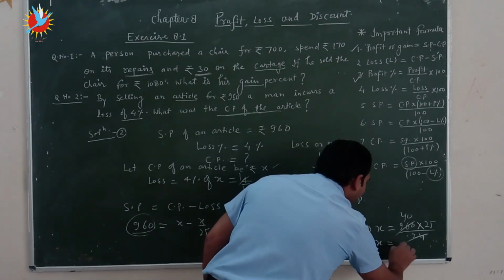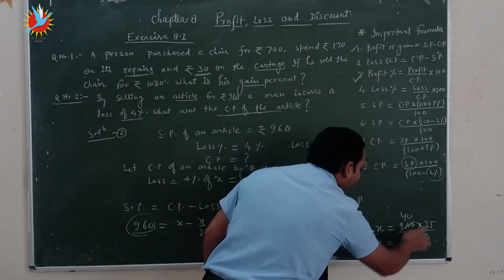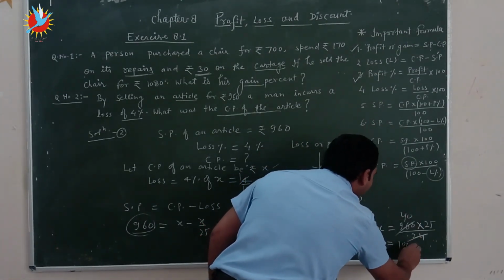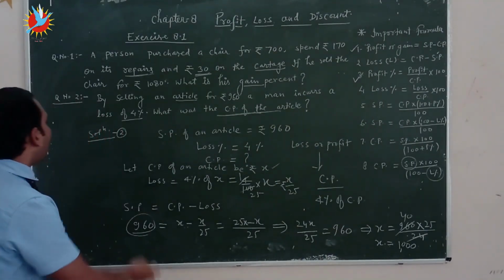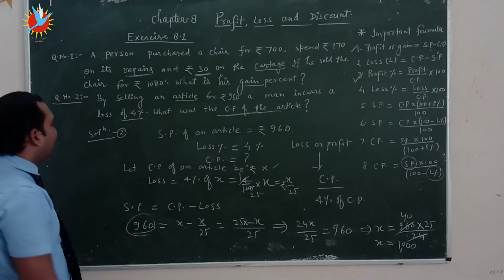So the value of X is 1000. This is the alternative method to solve question number 2.